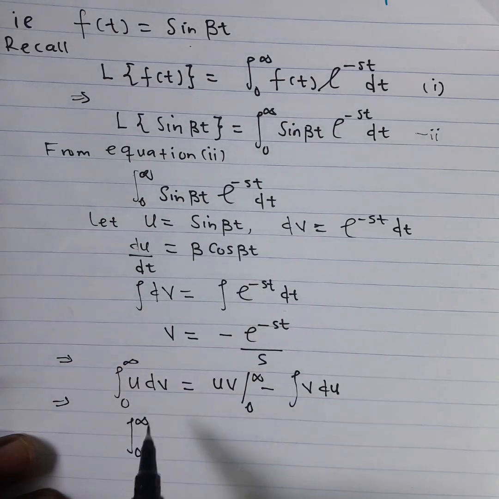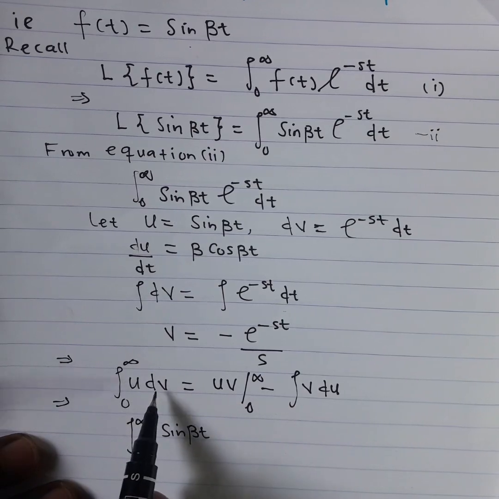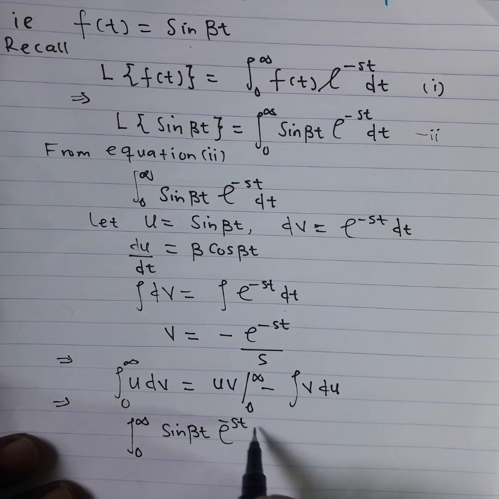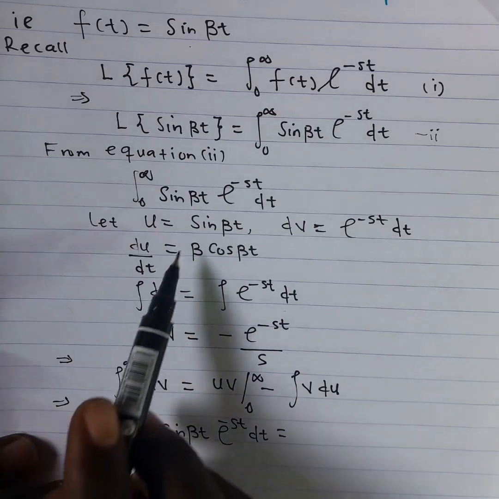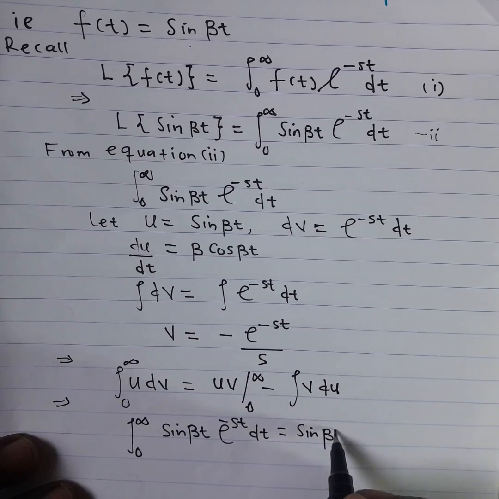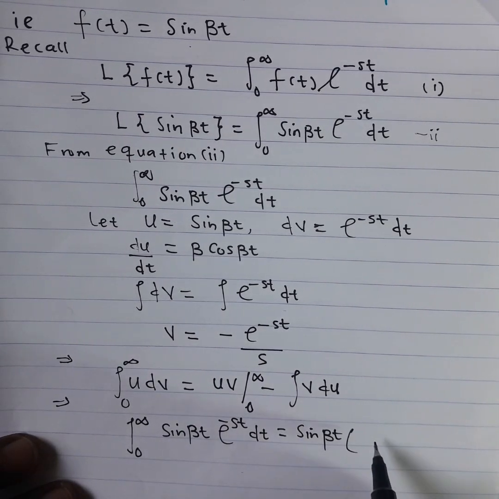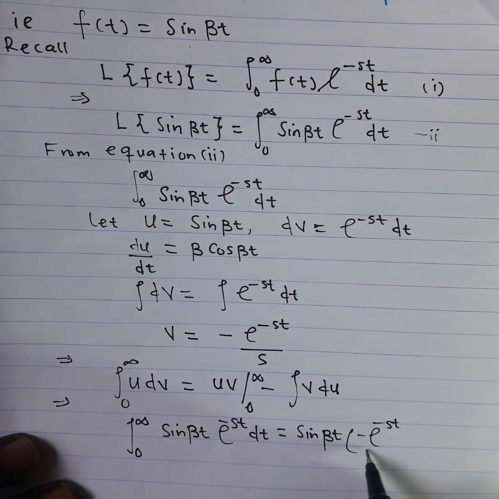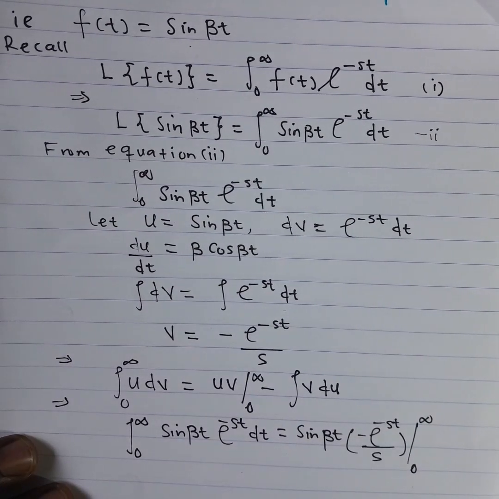Our u equals sine beta t, then our d phi equals this. Now our phi equals this, all divided by s, over the range of 0 to positive infinity.